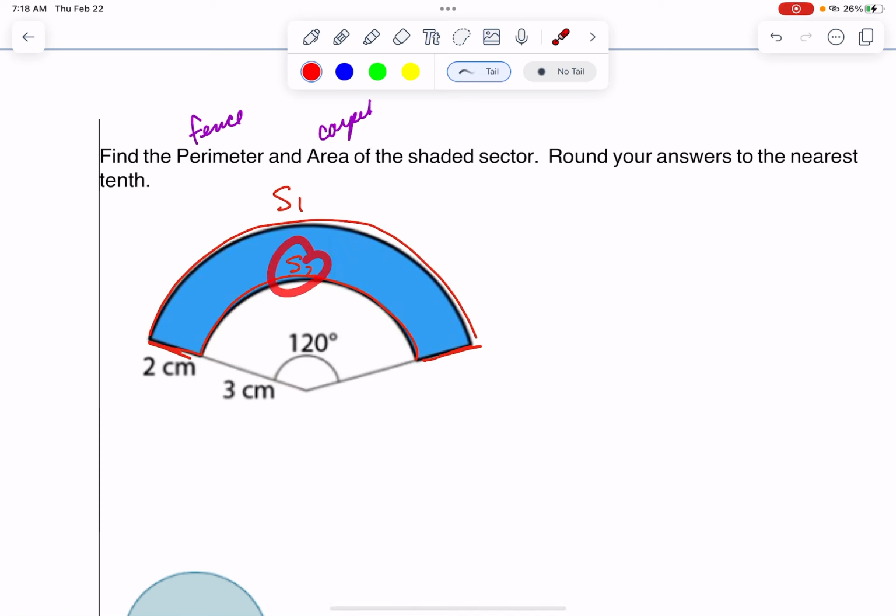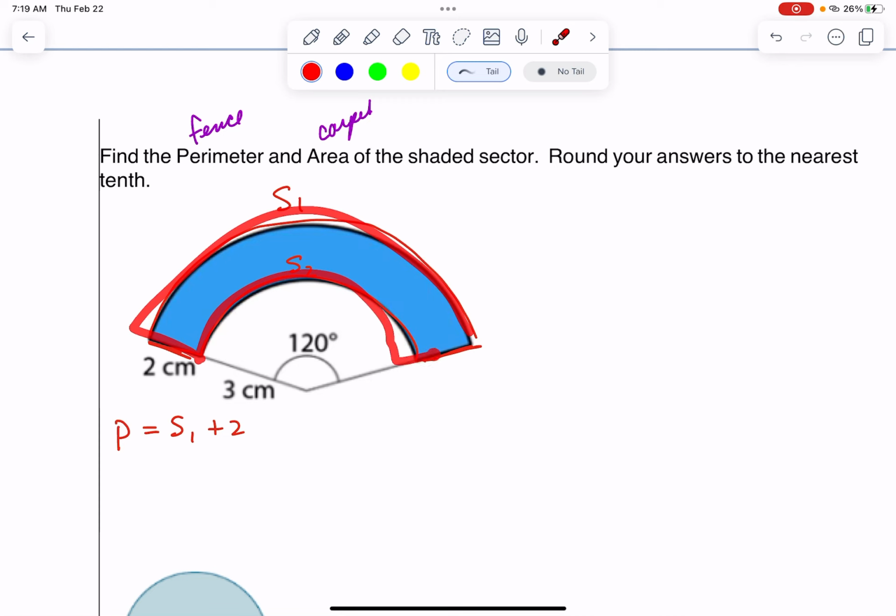But for S2, the radius is only 3. The angle stays the same, but the radius changes. So when we look at this, perimeter is S1 plus 2 plus S2 plus 2.